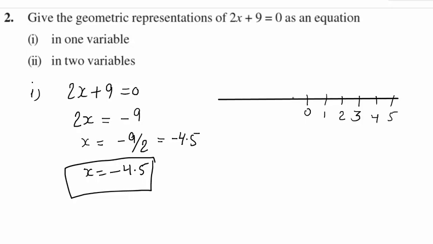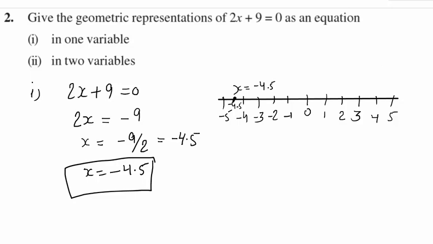Now 4.5, but this has a negative sign, so take the left hand side, minus 1, minus 2, minus 3, minus 4 and minus 5. Here the point will be minus 4.5. So this is x equals minus 4.5. Now how will we represent this in two variables?